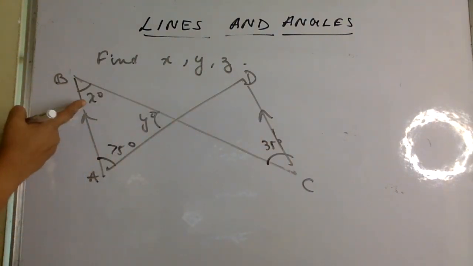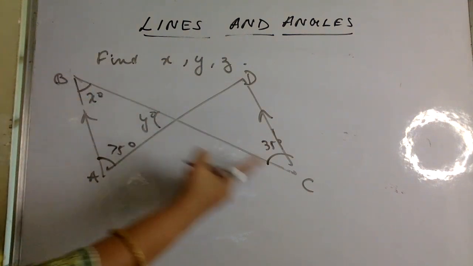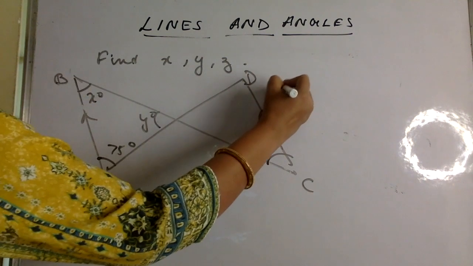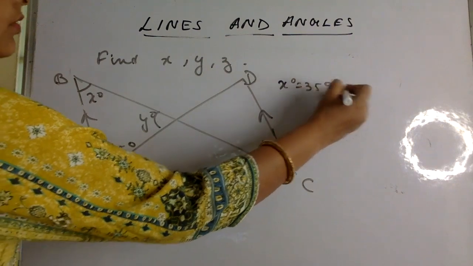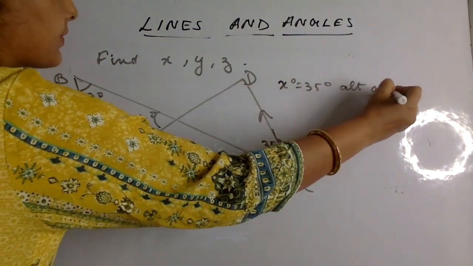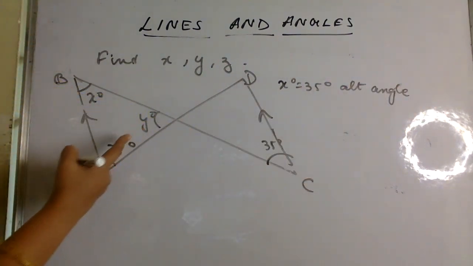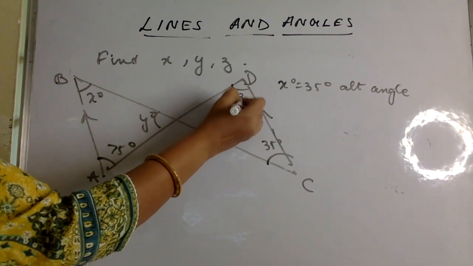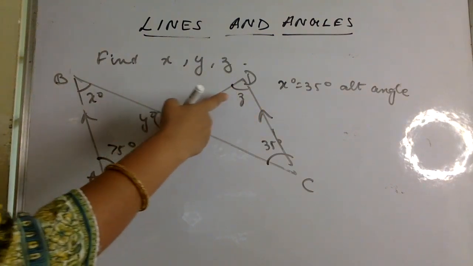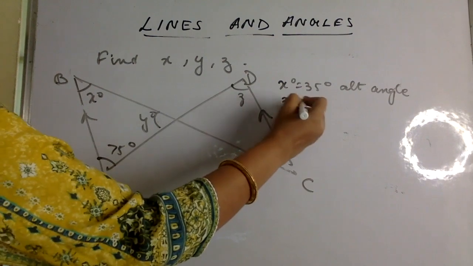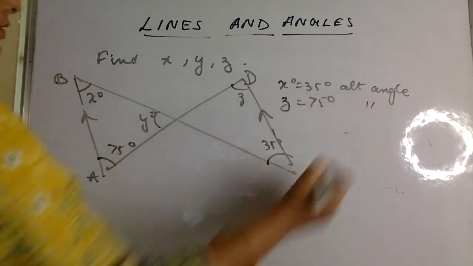The very first thing we note is, if BC is the transversal, then x is equal to 35 degrees, alternate angle. If here we had the z, I didn't write it earlier, then z is equal to 75 degrees, again alternate angle.